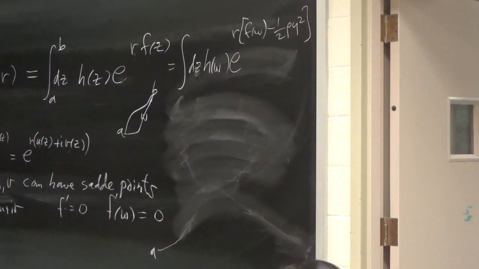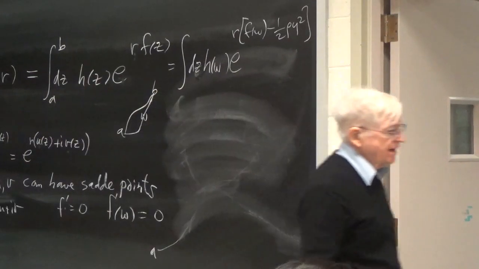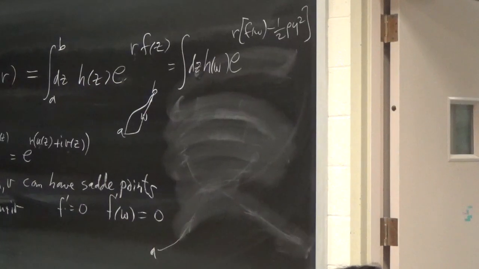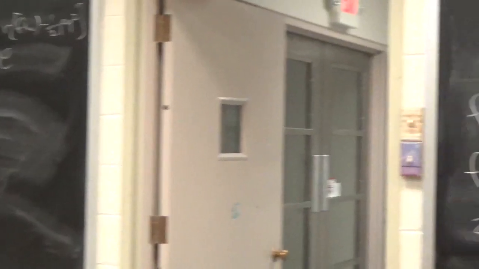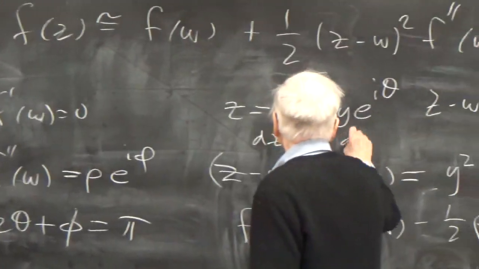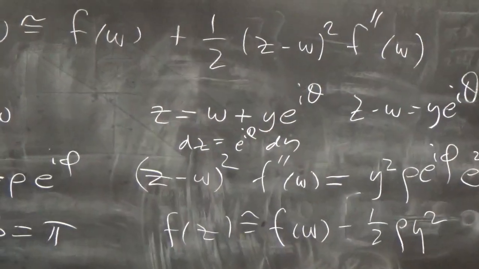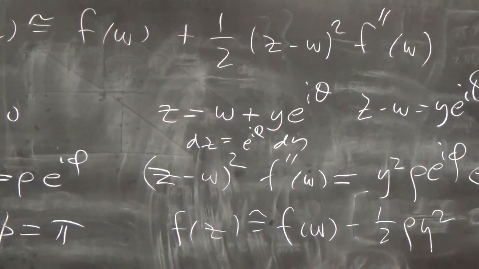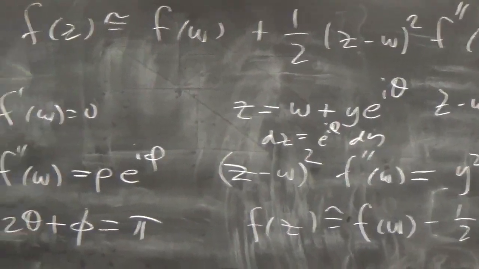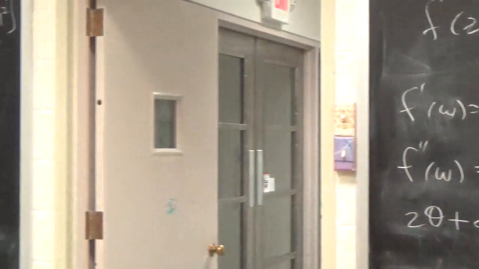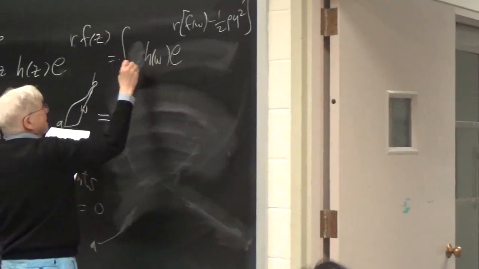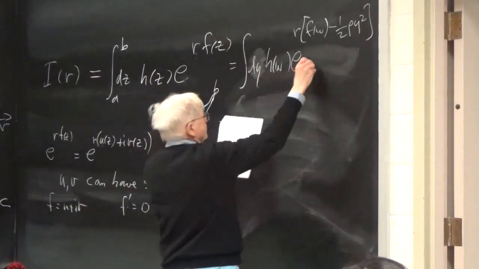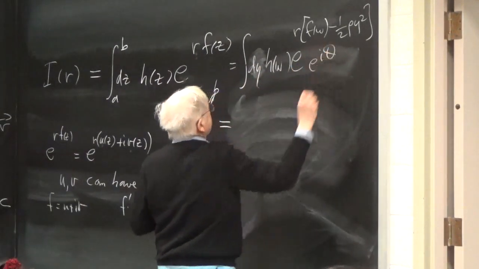We said that z is w plus y e to the I theta, so dz is going to be e to the I theta dy.